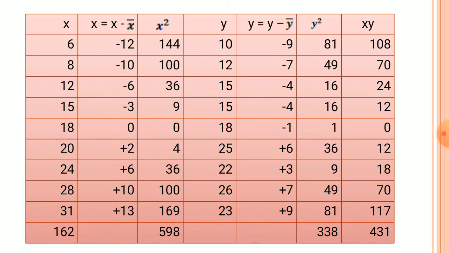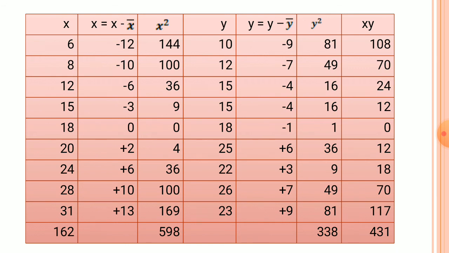Now y square: minus 9 whole square 81, minus 7 whole square 49, minus 4 whole square 16, minus 4 whole square 16, minus 1 whole square 1, plus 6 whole square 36, plus 3 whole square 9, plus 7 whole square 49, like that.